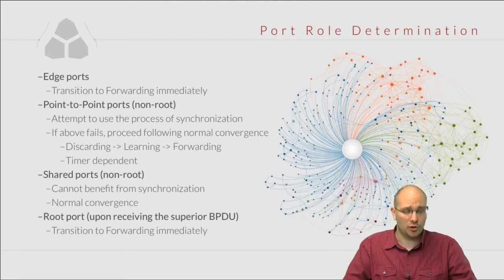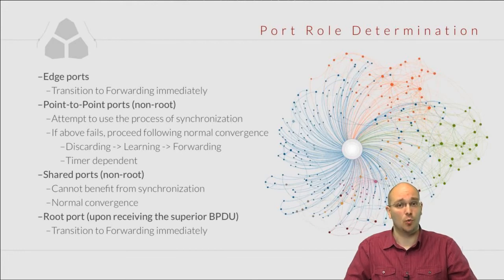The shared ports, again, non-root shared ports, cannot benefit from the synchronization. Why? Because shared ports, by definition, may be connected to more than one device. And if that's so, we cannot very quickly negotiate with the other device using the synchronization process, which is designed to work only on point-to-point non-edge ports, and we have to go through the normal convergence.